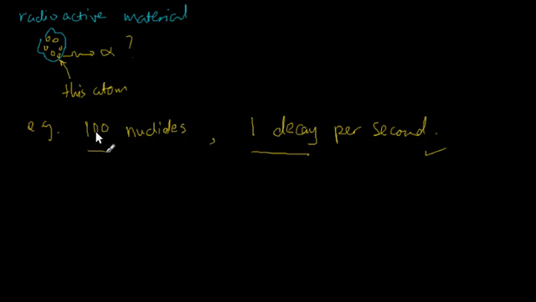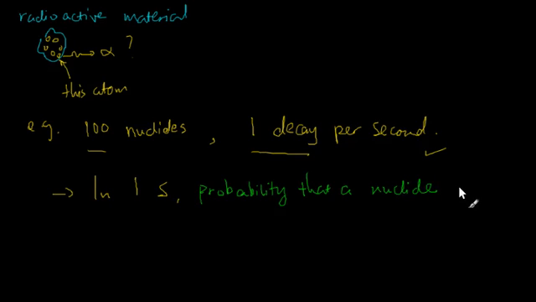If it is actually one decay per second for every 100 nuclides, then it means that in 1 second, the probability that a nuclide decays, for this example, is equal to 1 over 100, or 0.01.